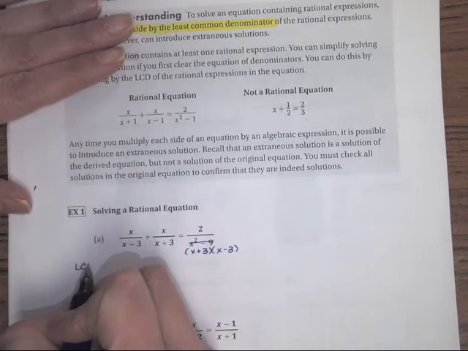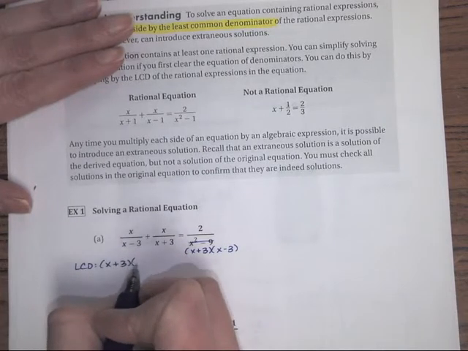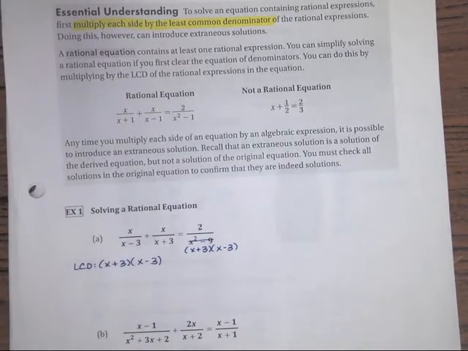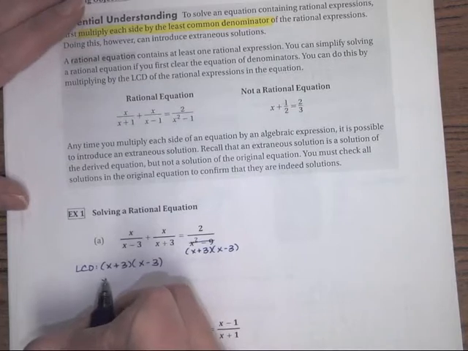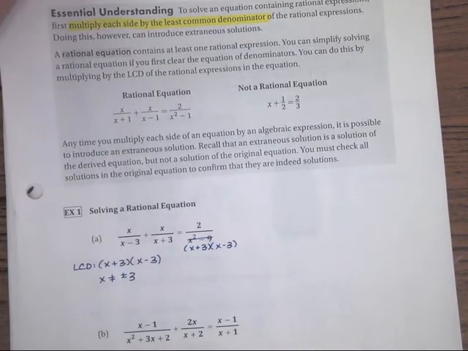If we look at identifying our LCD, it would be x plus 3, x minus 3. And we need to think about what our excluded values are. If you recall correctly from other processes we've done, anything that makes the denominator 0 cannot be a value for x. So out of this, x cannot equal either plus or minus 3.